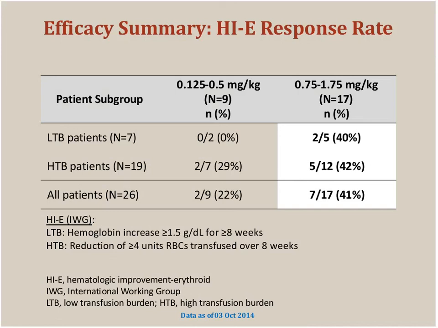And one note by IWG, for lower transfusion burden, patients become transfusion independent with a 1.5 gram or greater rise in hemoglobin. And for the high transfusion burden, all that's required is a reduction by 50% in the transfusion requirement over an 8-week period.